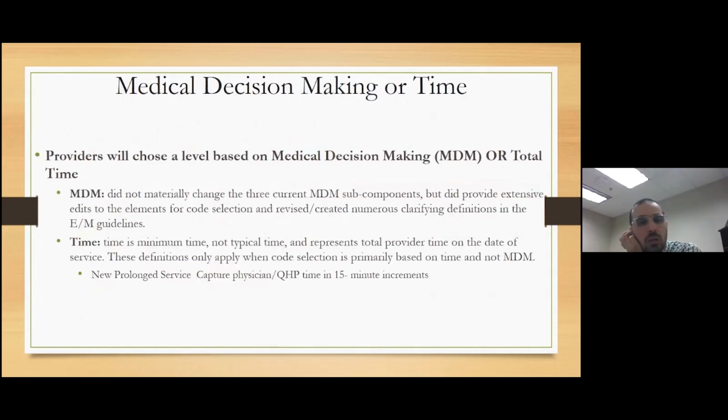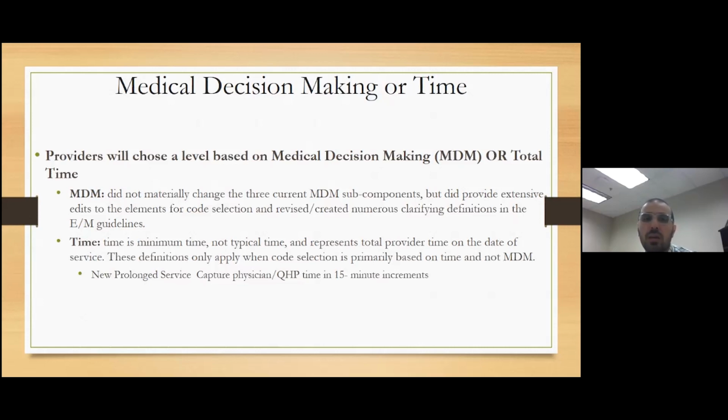So you can use the time, or you can use the medical decision scale. And we will talk about both. In the past, we used to have a time limit on our visit and time restrictions.